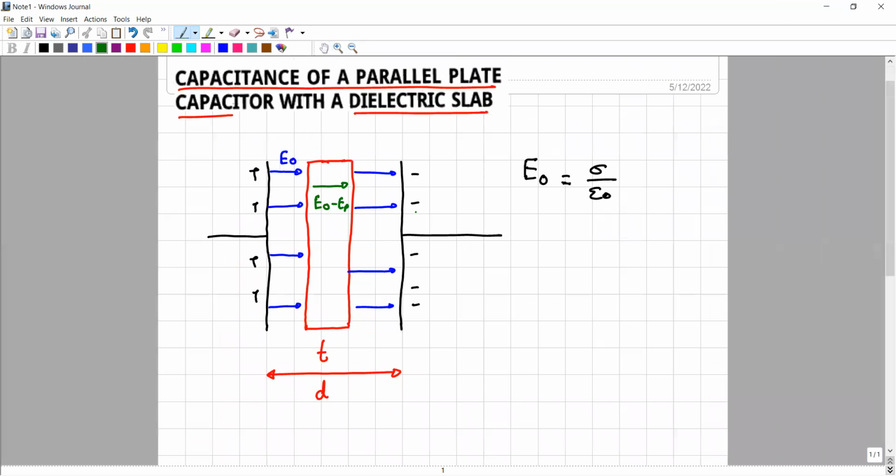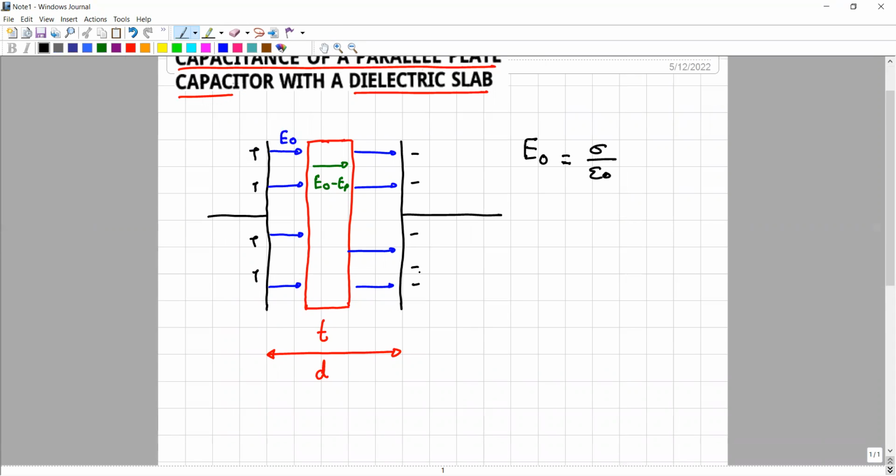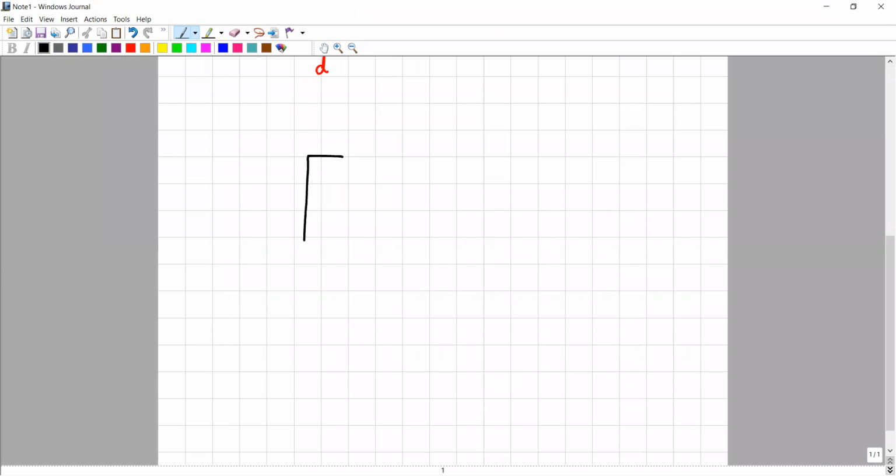Now what is E naught minus EP? If you do remember about dielectrics, we have done this before, that the net electric field in a dielectric is E naught minus EP. If you don't know this, please go back and see the dielectric video.